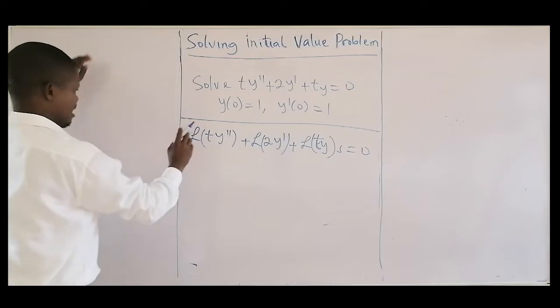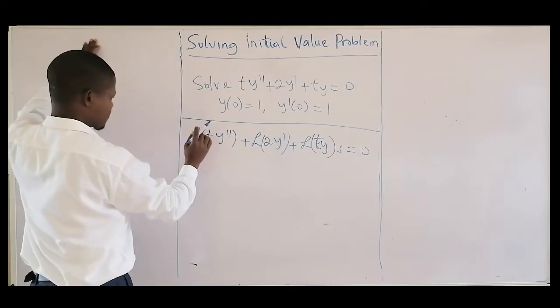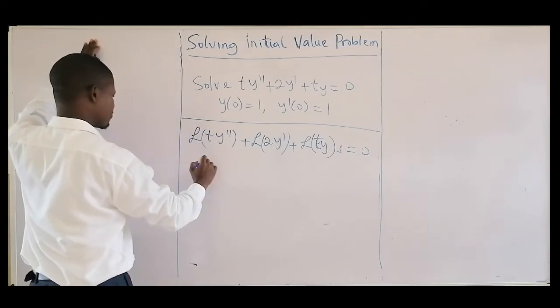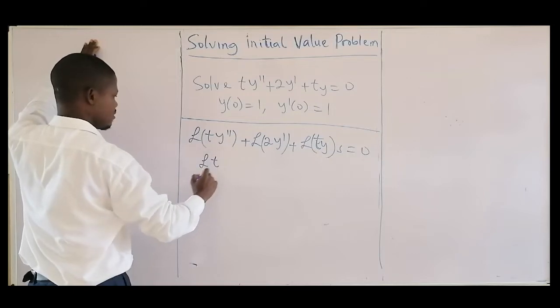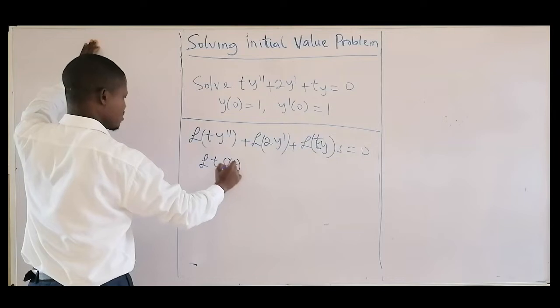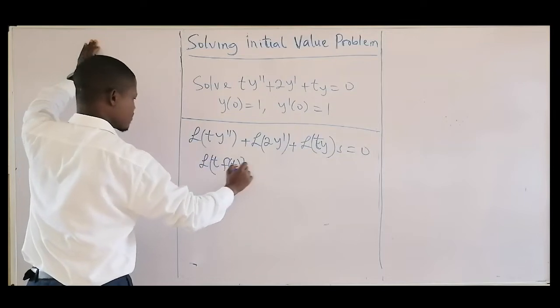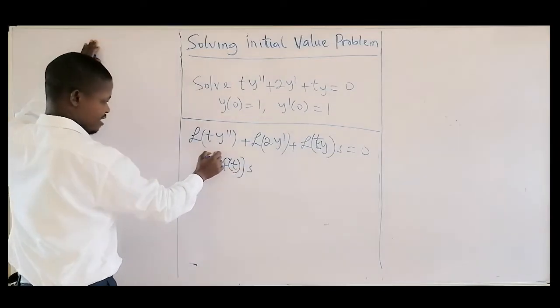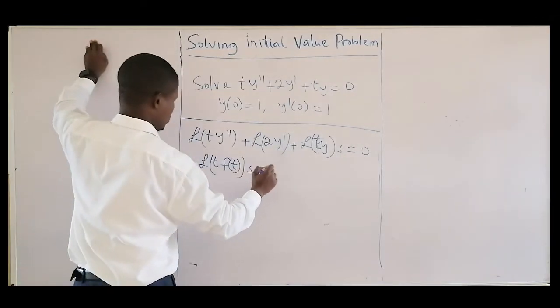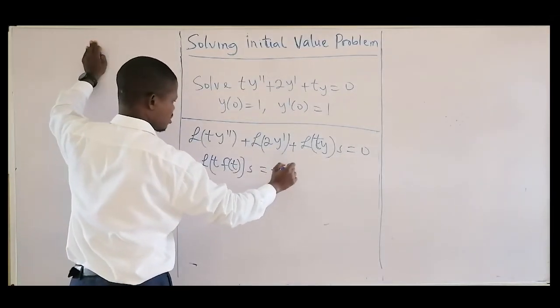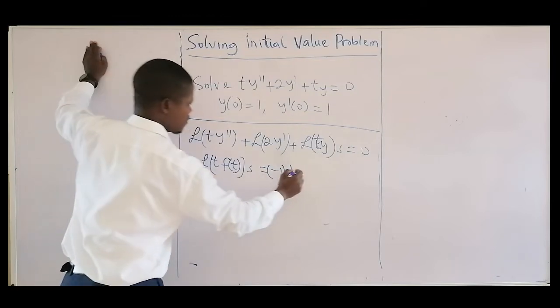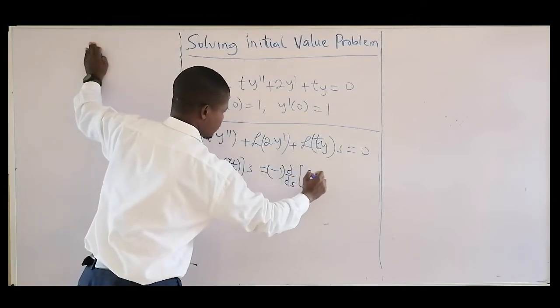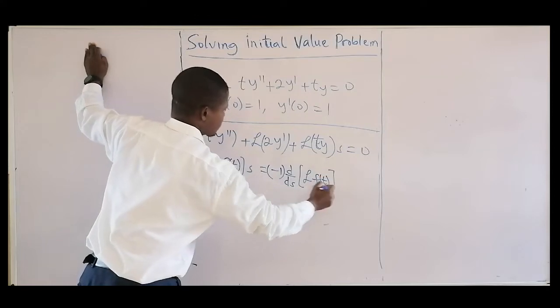First of all, we need to note that when you have the Laplace of t times f of t, this will be equal to minus d/ds, the first differential, of the Laplace of f of t.